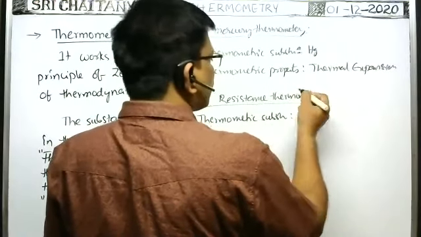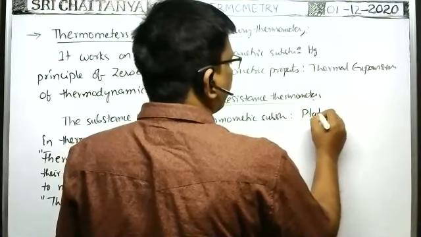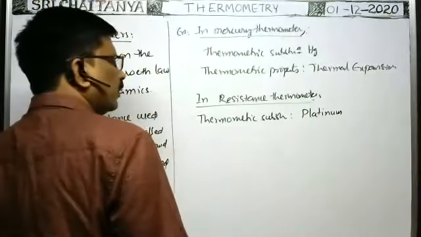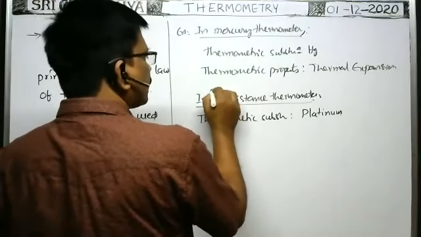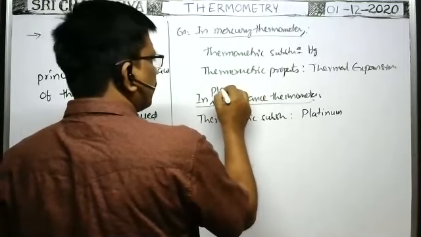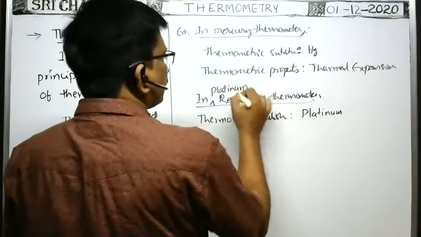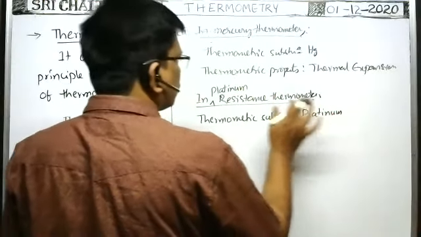In the platinum resistance thermometer, platinum is the metal which is used, because different types of resistance thermometers are there.